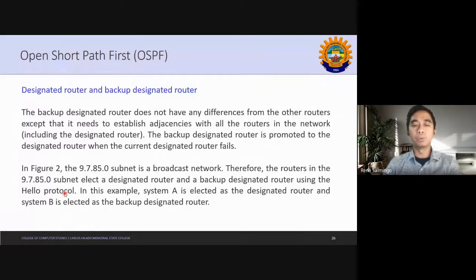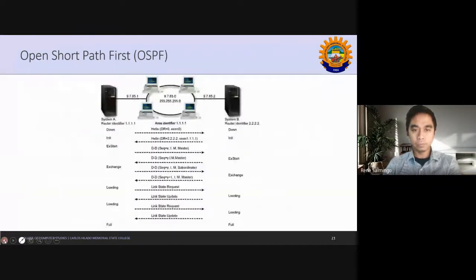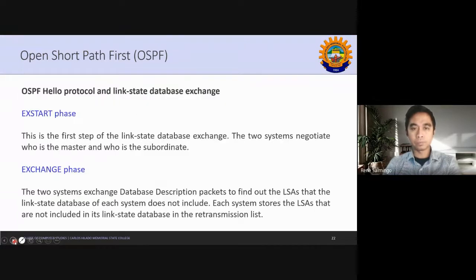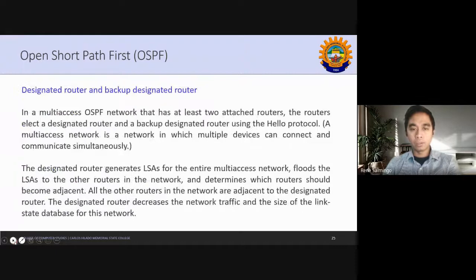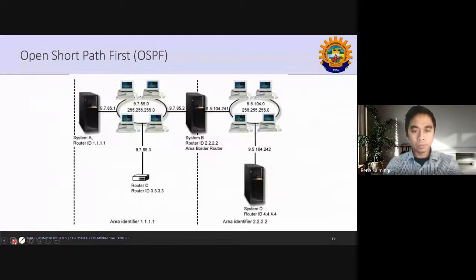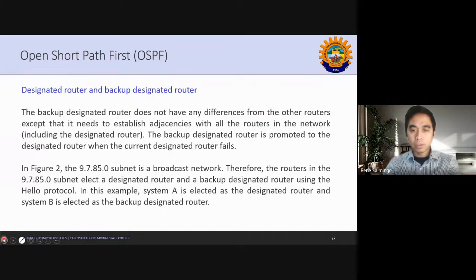So in figure 2, as you see, there is a broadcast network. So we have the 9.7.85 subnet.